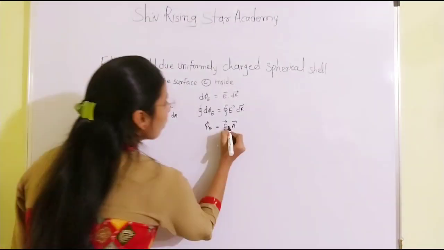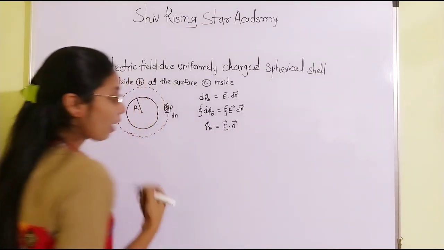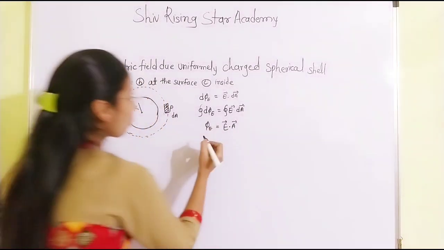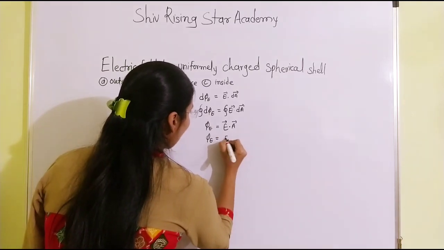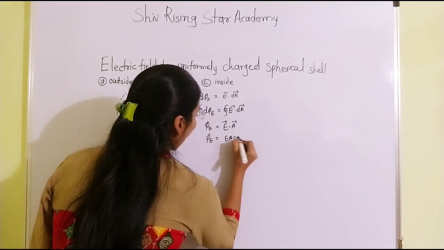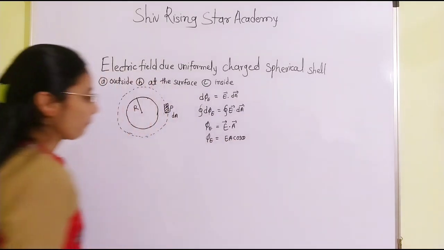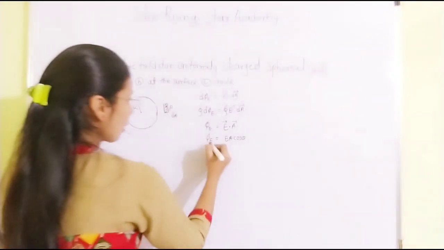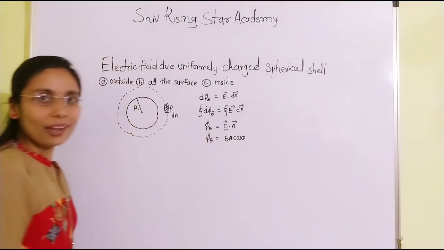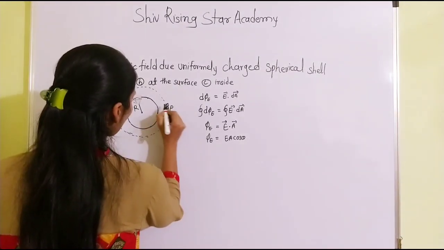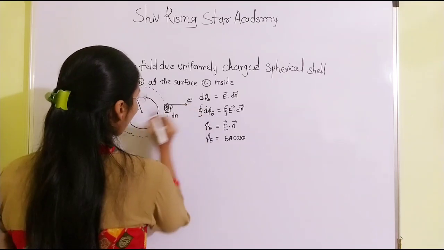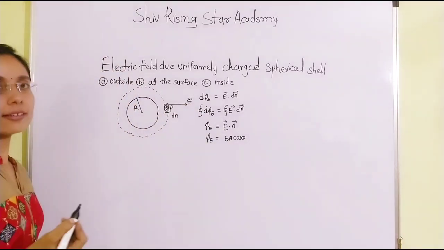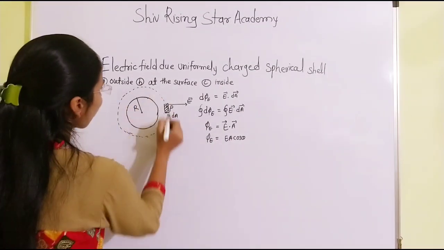And this is the dot product. How will we open this dot product? phi E is equal to E A cos theta. Here the direction of the electric field is in this direction and the area vector is always normal to the surface.